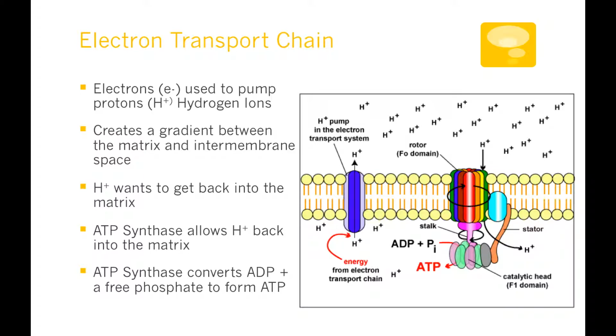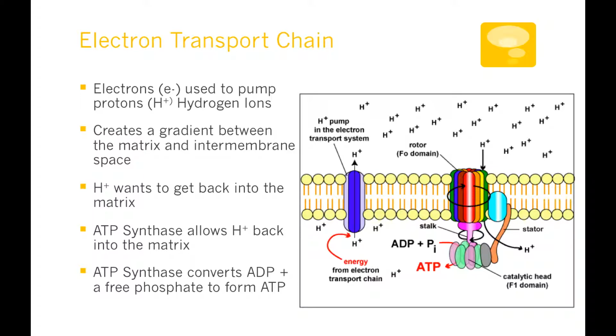And ATP synthase uses this gradient built by the electron transport system to allow the hydrogen ions back into the matrix, and it uses the energy of this transport back across the membrane to convert ADP and a free phosphate into ATP.